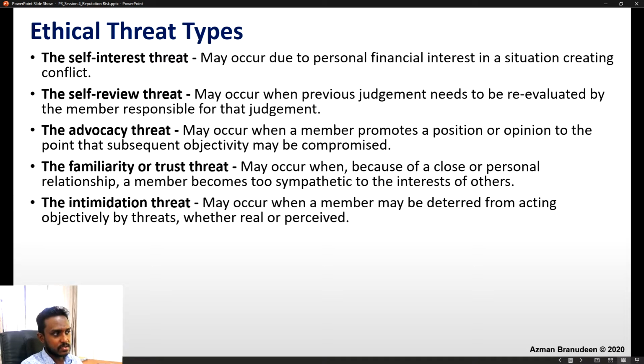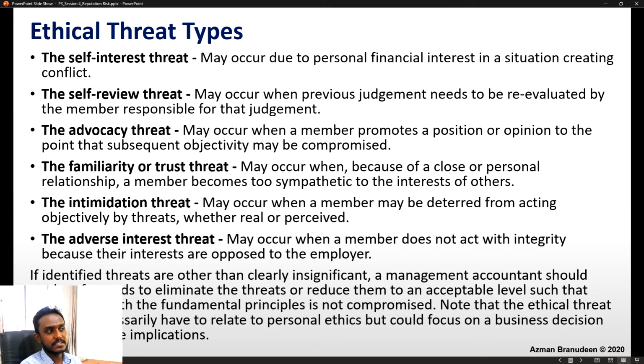The intimidation threat may occur when a member may be deterred from acting objectively by threats, whether real or perceived. Then you have the adverse interest threat, which may occur when a member does not act with integrity because their interests are opposed to the employer. One example I can tell you is that in my corporate career, there was one company that I decided not to continue to engage with.